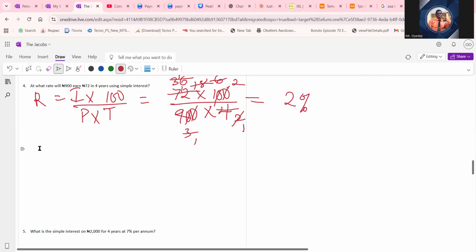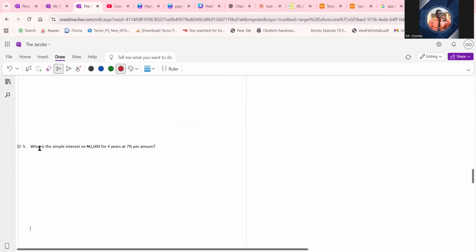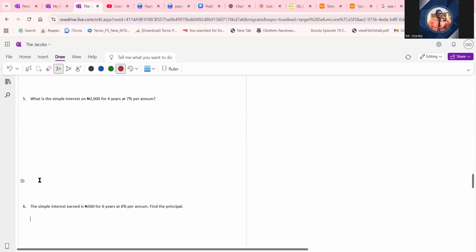Moving on. We have, what is the simple interest on 2,000 naira for 4 years at 7% per annum. That means we're looking for simple interest.